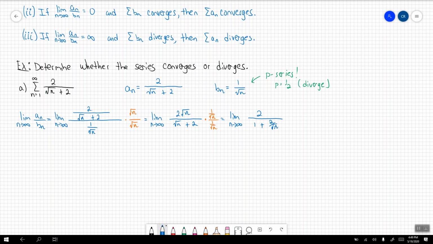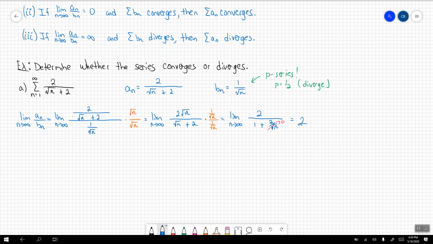All right, not too bad here. Which now means that this limit, well, this is going to go to 0, so that's going to leave us with a limit of 2.